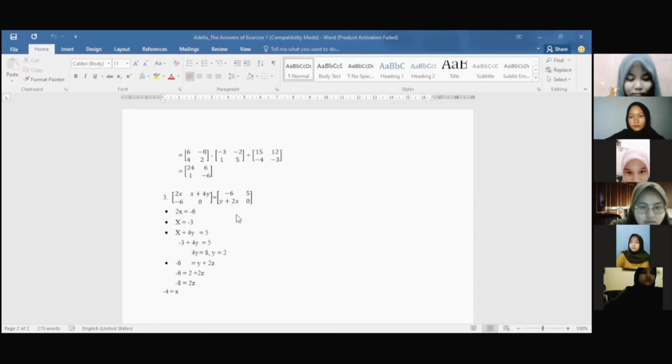The solution is 2x equals -6, x equals -3. x plus 4y equals 5, -3 plus 4y equals 5, 4y equals 8, and y equals 2. Then -6 equals y plus 2x minus 6 equals 2 plus 2x minus 8 equals 2x minus 4 equals x.